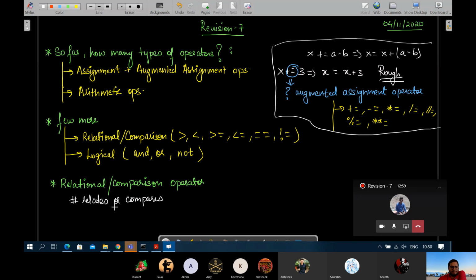Relates or compares two operands at a time. Okay, so it relates and compares two operands at a time.